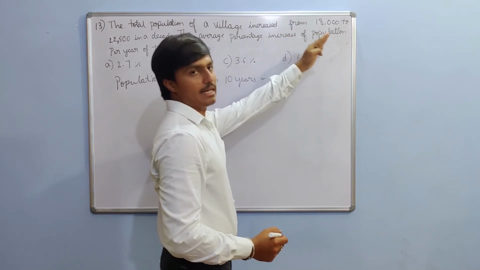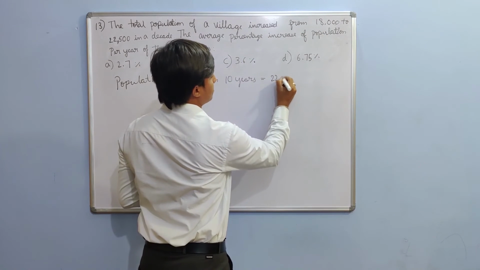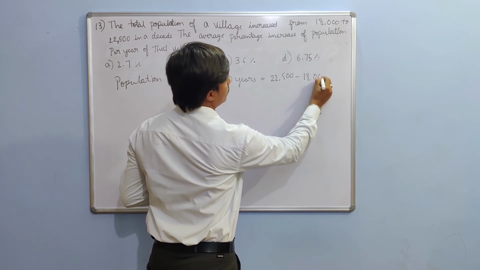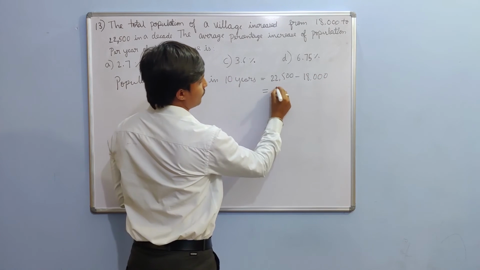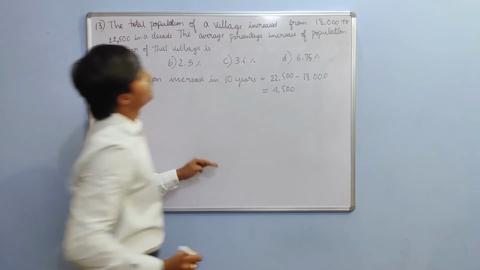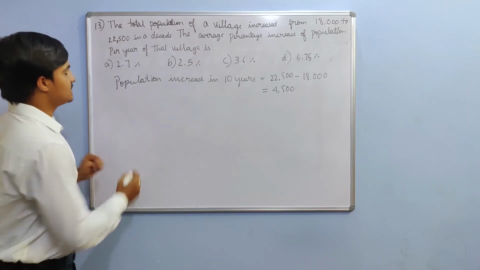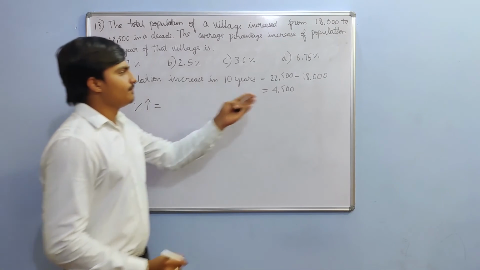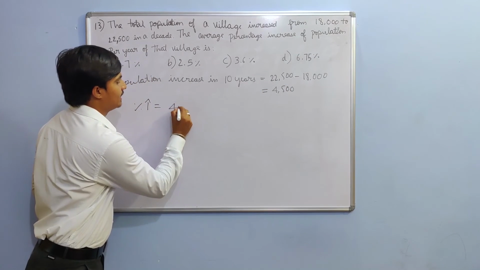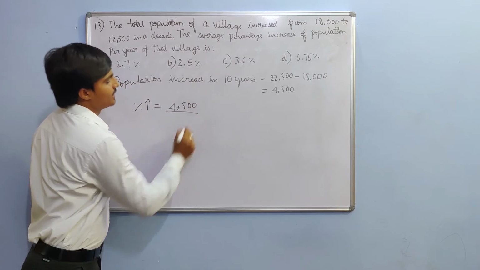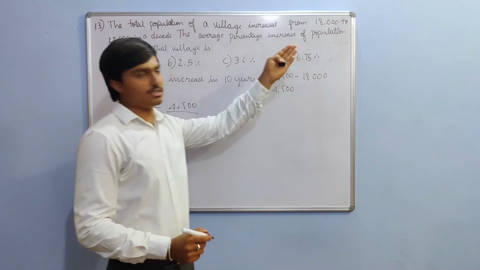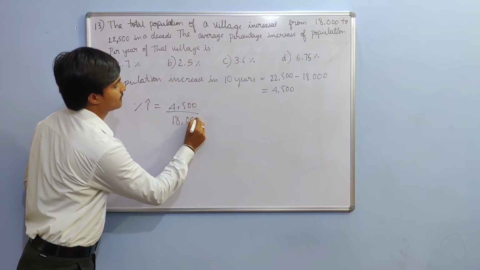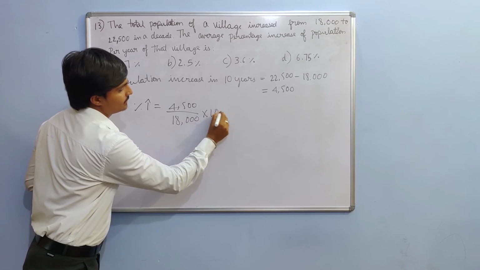22,500 minus 18,000, which is equal to 4,500. And now the percentage increase is given by the difference, that is 4,500, which comes in numerator, and in the denominator the original value, which is 18,000, into 100.